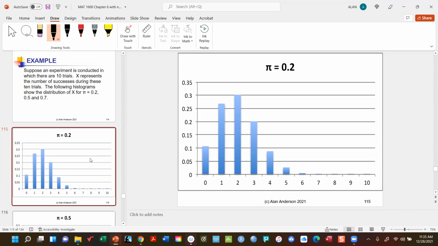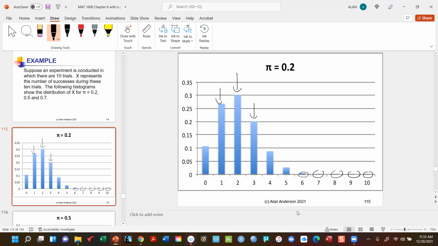So when pi equals 0.2, the most likely outcome is 2 successes out of 10 trials. And then there's a very high chance of getting 1 and a slightly lower chance of getting 3. And then after that, the probabilities fall off quite quickly. And in fact, down here, the bars are so short, you really can't even see them. They're not 0, but they're very close.